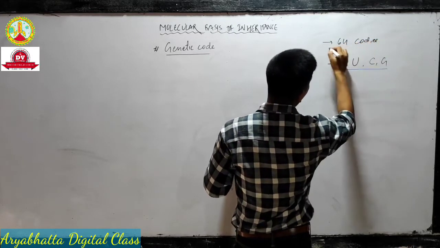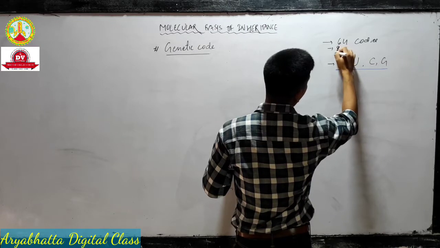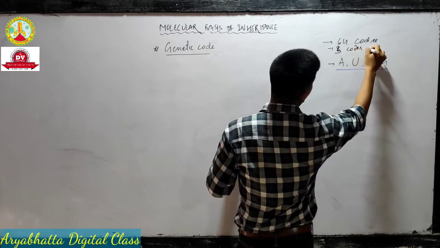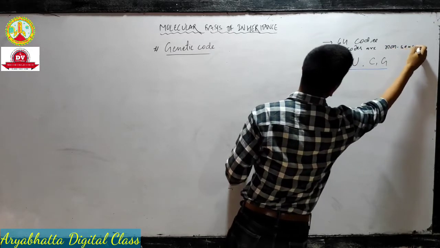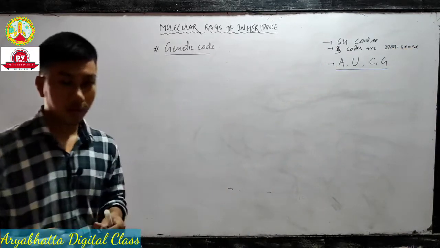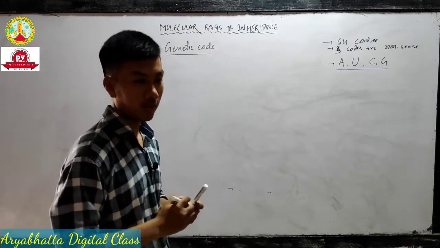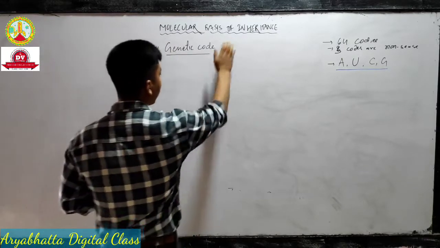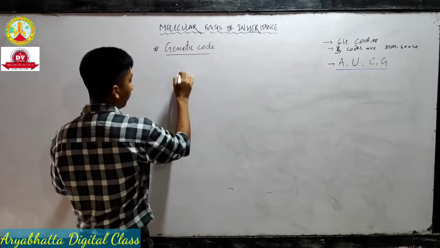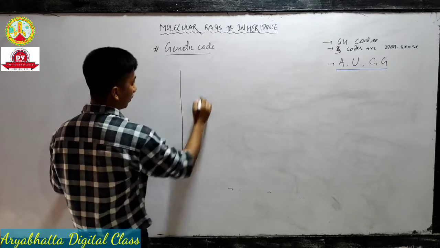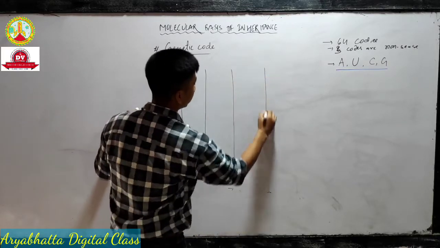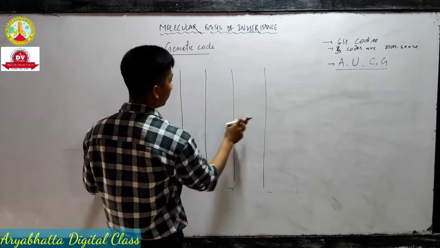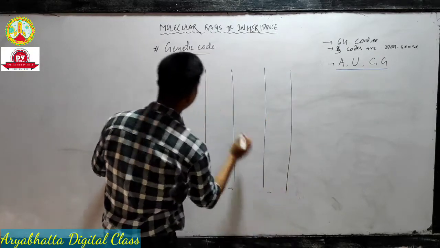There are 64 codes, and 3 codes are nonsense. So we're going to make a table. We have 4 nitrogenous bases, so 4 into 4 gives 16 boxes.